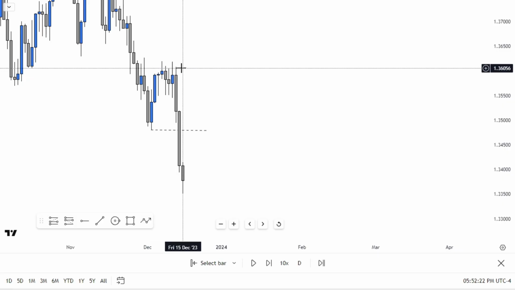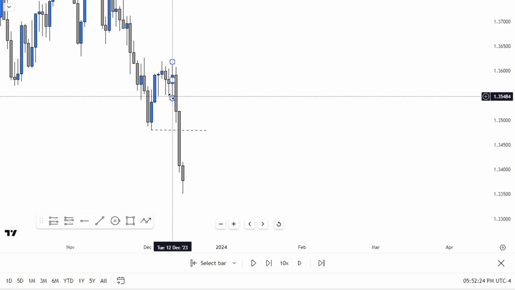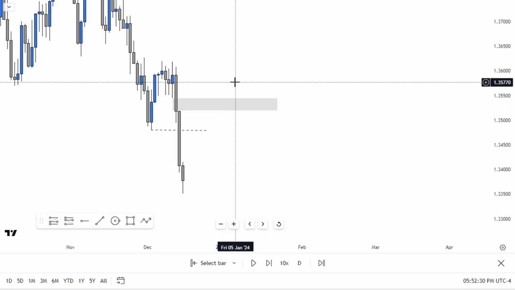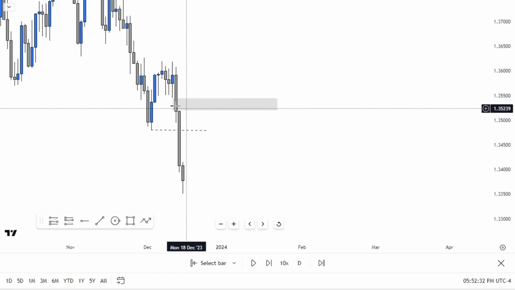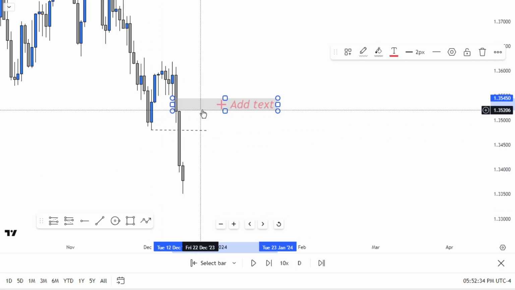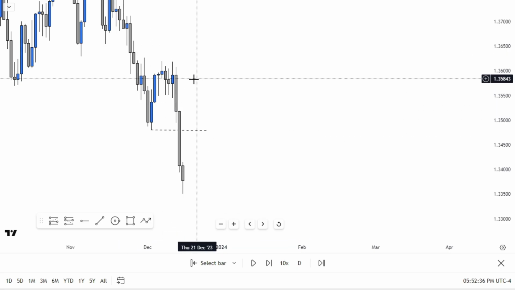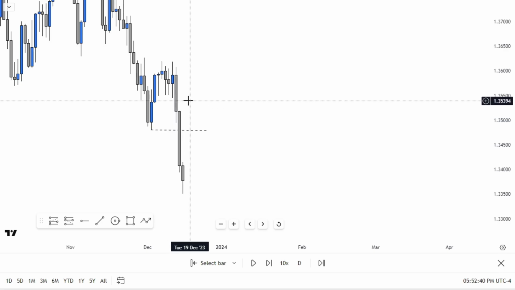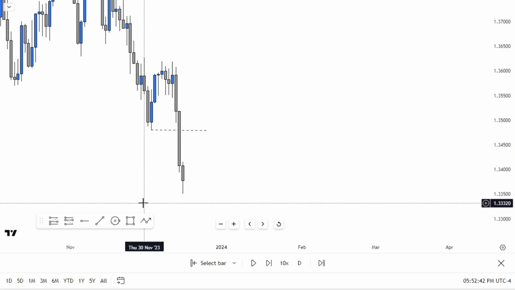That's a criteria checked off also. We have an imbalance made when price was swept. That's also a criteria checked off, and we do not have a mitigated zone. So this all leads us to a valid order block.